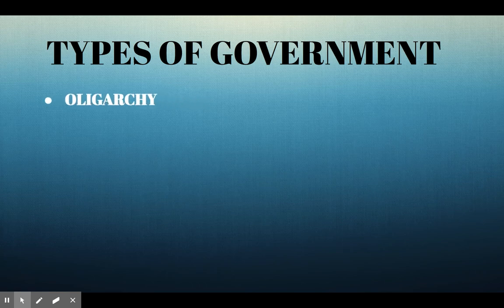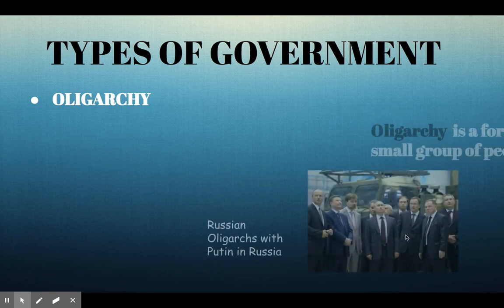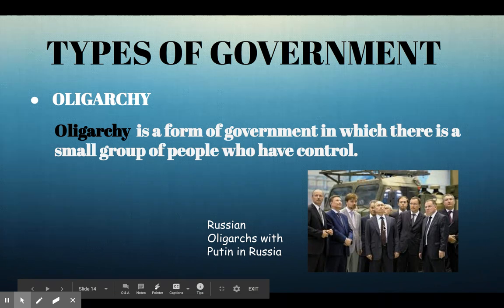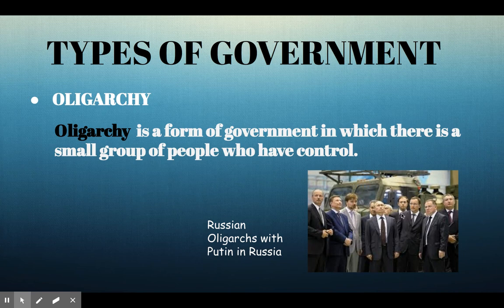All right, an oligarchy. Now, a lot of you probably haven't heard this term before, so this is a new one for you. An oligarchy is when there's a small group of people who have control who might not be related. A good example of this is Russia. Yeah, they have Putin as their leader, but these wealthy businessmen standing behind him, they call the shots.